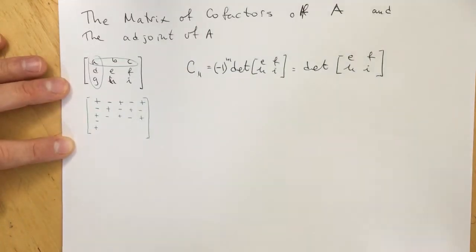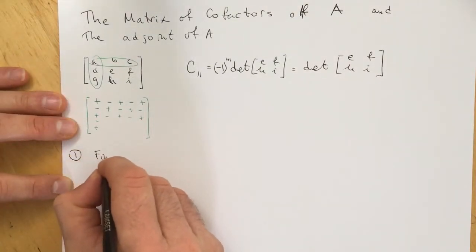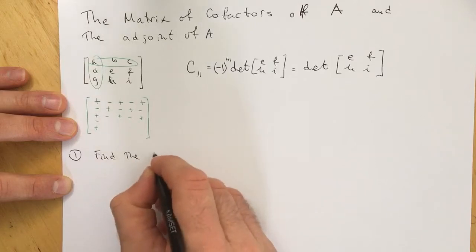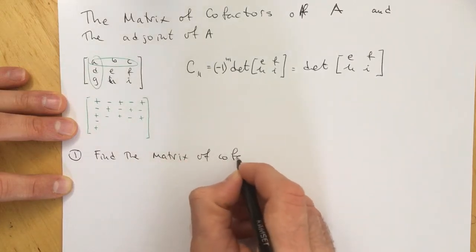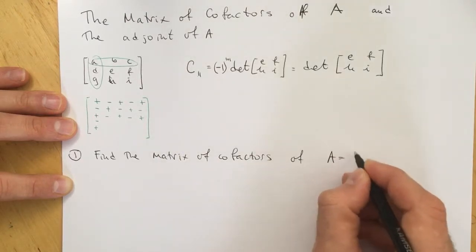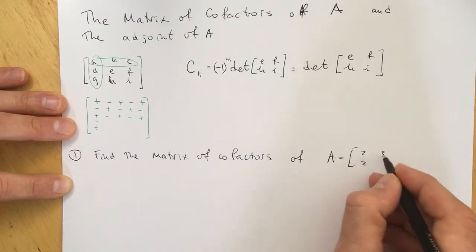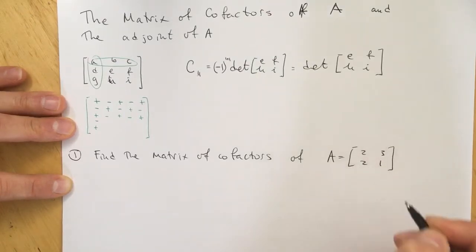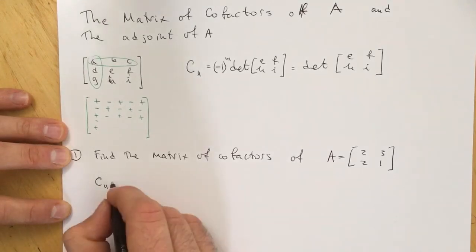Okay, so the first example is going to be finding the cofactor matrix of a 2 by 2 matrix. So let's say 3, 2, 1, 2. Okay, so that means that we have to evaluate C1,1.